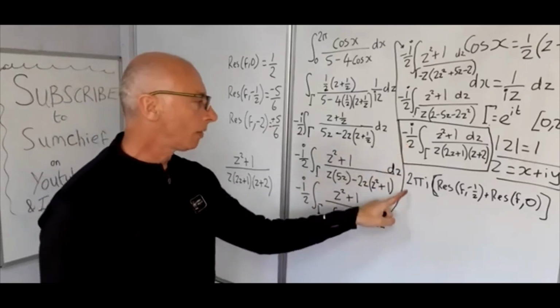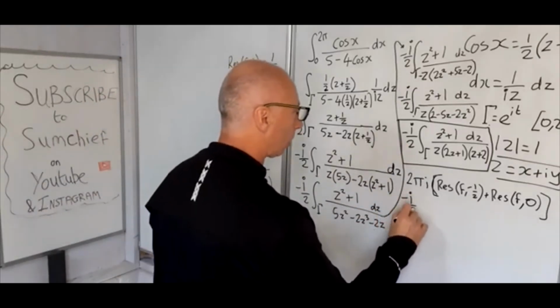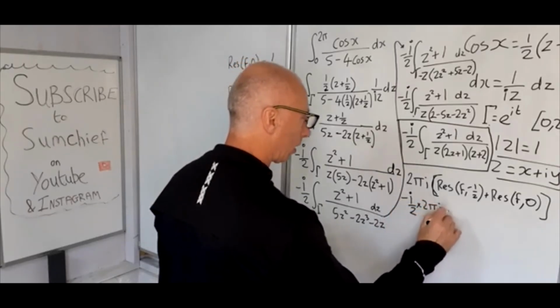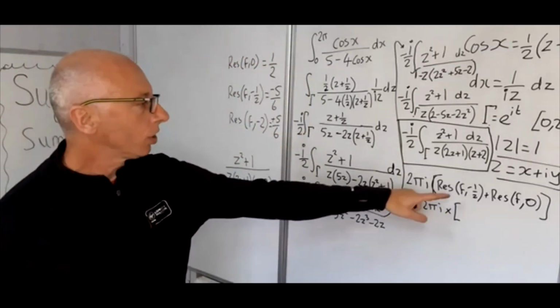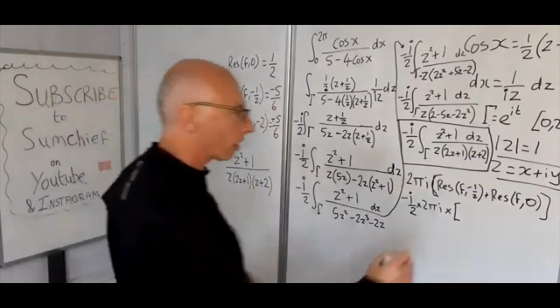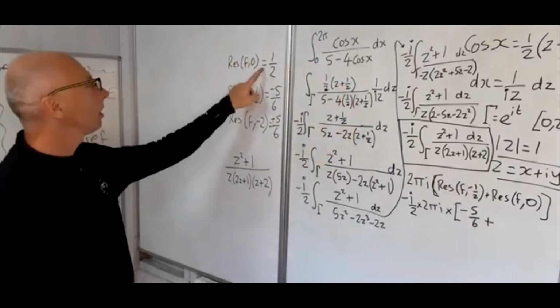So we need to bring that out the front of this calculation as well. So we've got minus i over 2 times 2 pi i times, open brackets, residue at minus a half is minus 5 over 6 plus, and at 0 it's 1/2.